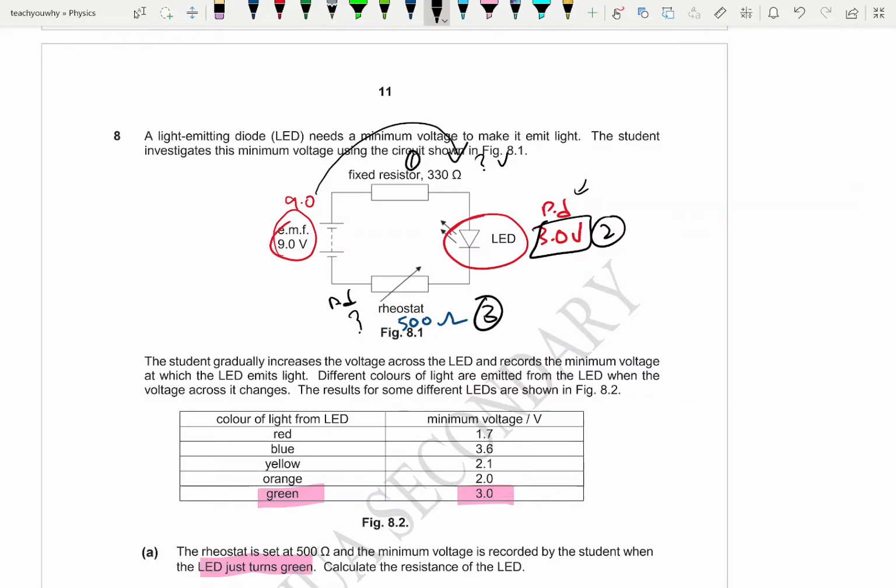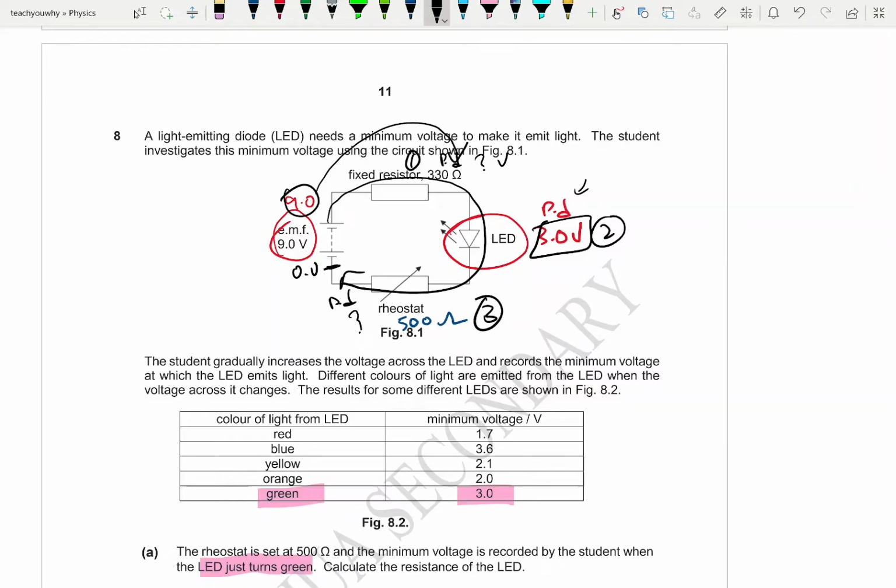and then the potential drop across the rheostat we also don't know. The PD across the fixed resistor we don't know. But what we know is that if I start off with 9.0, at the end here I must have 0 volts, which means that as the current goes around the circuit, it must drop by 9 volts.